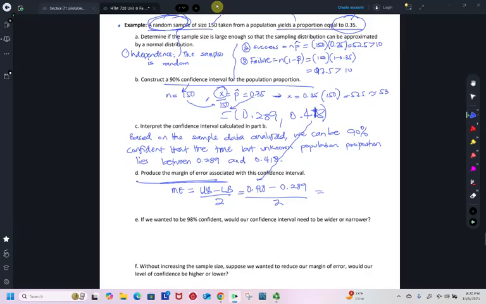So let's bring that forward. That will be equal to 0.418, the upper bound, minus 0.289, the lower bound, and then divided by 2. That will give 0.0645.